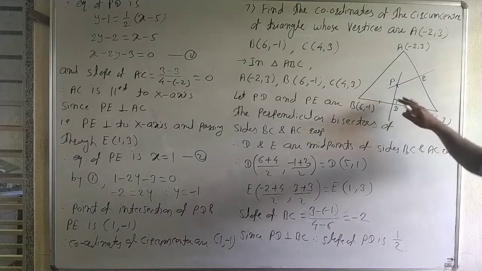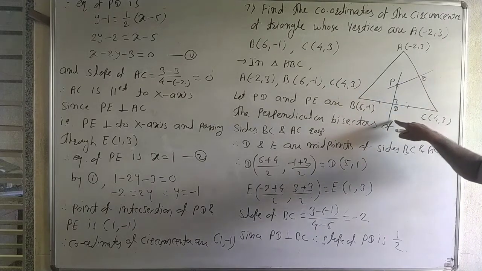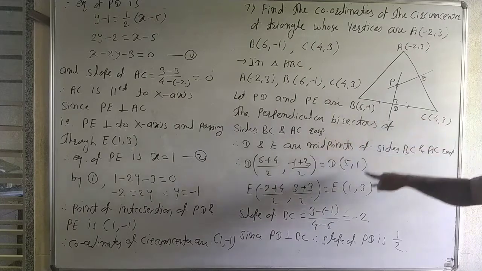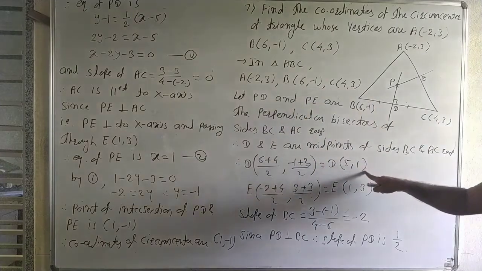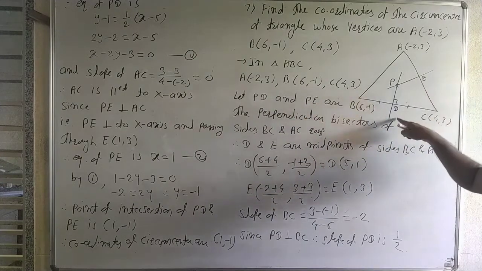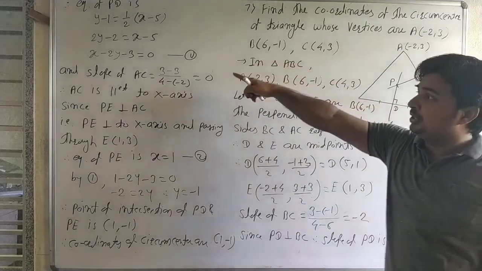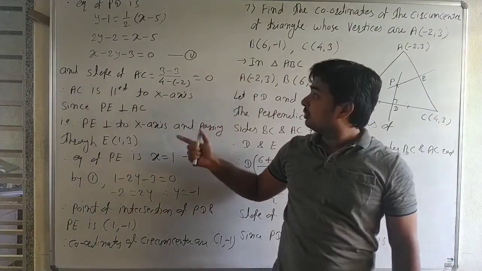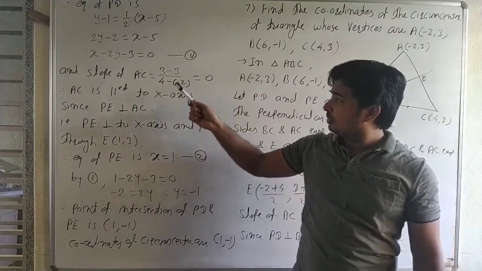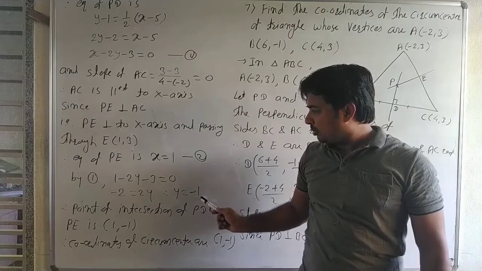Now we found the equation of PD and the equation of PE. To find the equation of PD, we know the slope and a point it passes through. D is the midpoint of BC, so we get the coordinates of D, and PD is perpendicular to BC, so we find the slope of PD and then its equation. Then the equation of PE, and the point of intersection of these two lines is (1, minus 1).